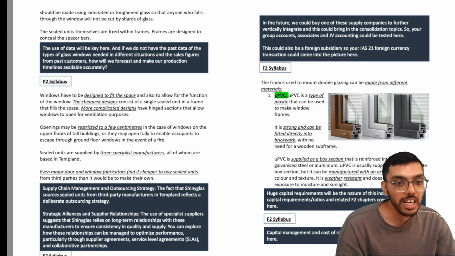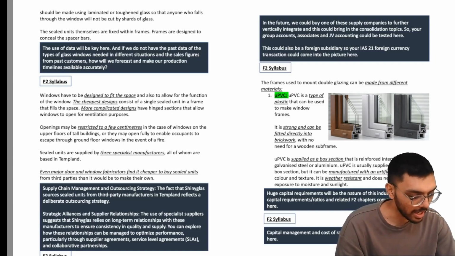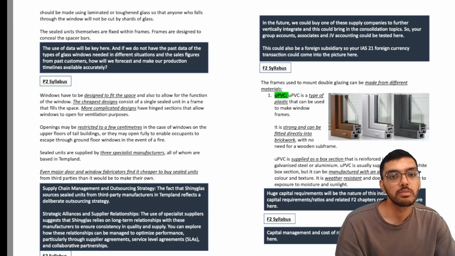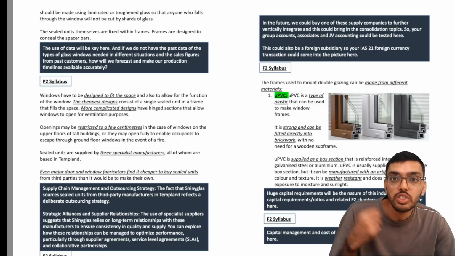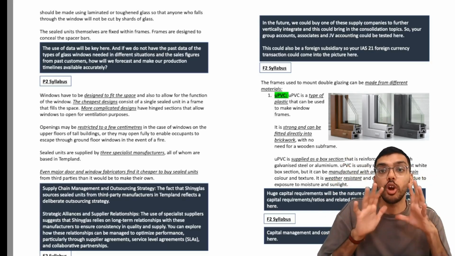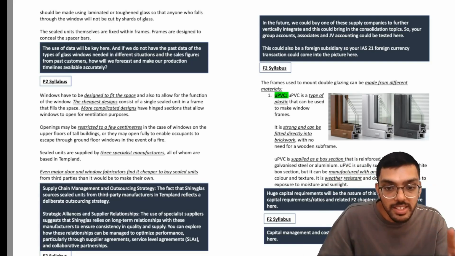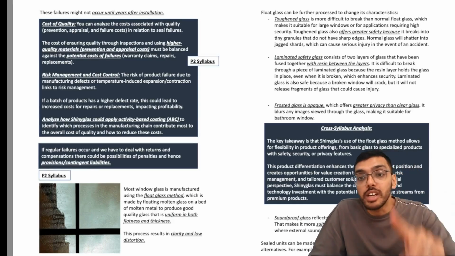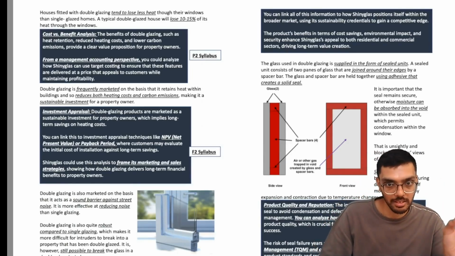Supply chain management and outsourcing to be kept in mind over here. The fact that Shinyglas sources sealed units from third-party manufacturers in Templand reflects a deliberate outsourcing strategy. So to be clear and so that we are not confused, please remember that Shinyglas is a business that makes double glazed glass.